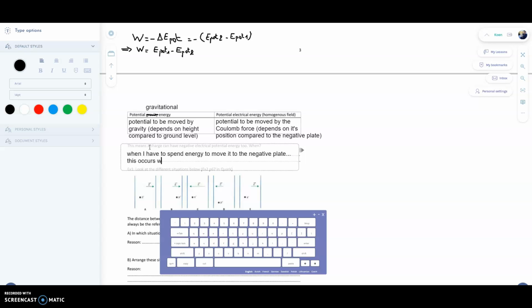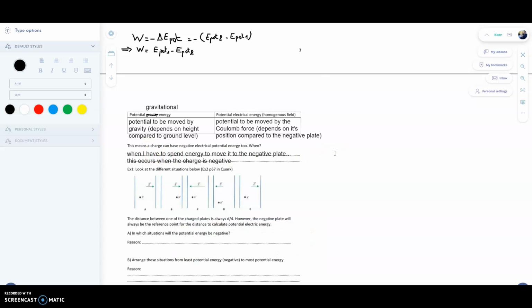This occurs when the charge is negative. Why? The Coulomb force will never take a negative charge to the negative plate. Just like gravity is never going to take an object below ground level to ground level in this case.